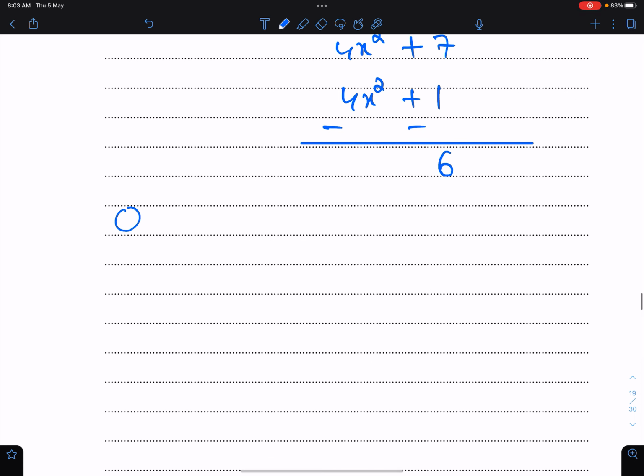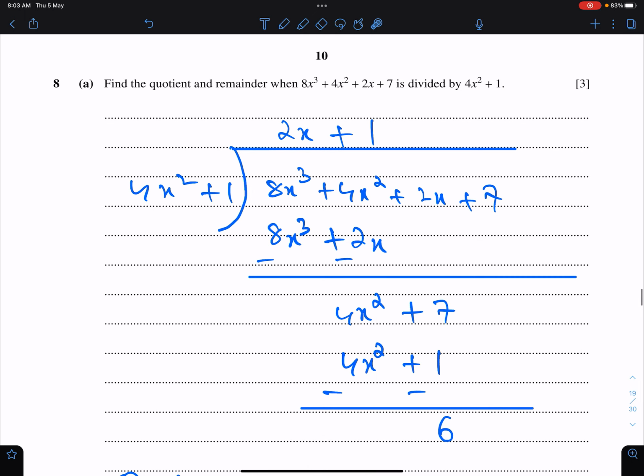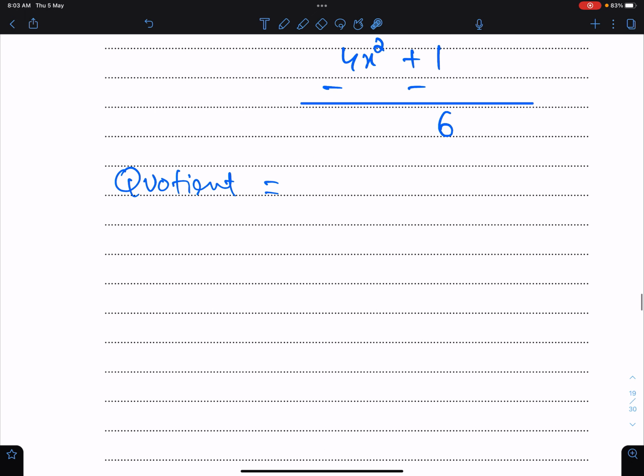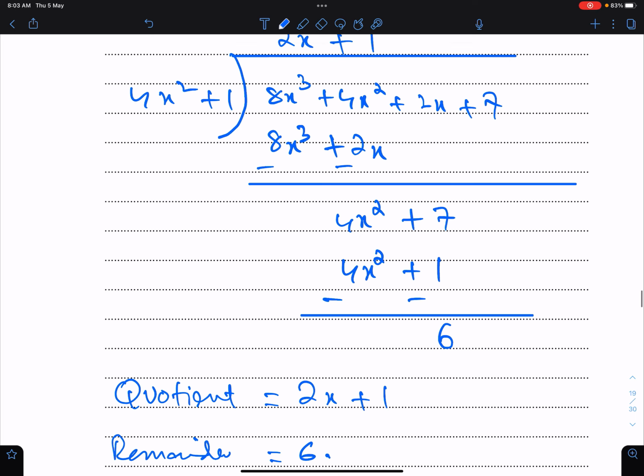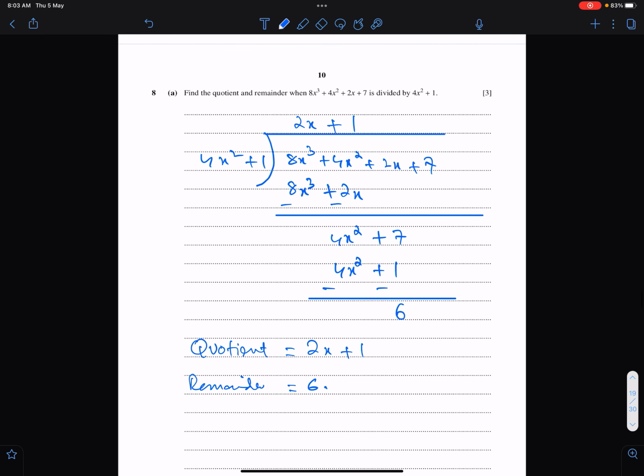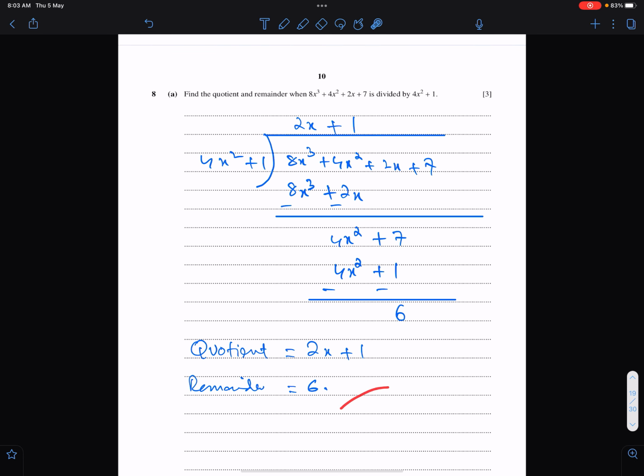So the quotient is this 2x plus 1, whereas the remainder is 6. That's it. We had to do till here, quotient and remainder.